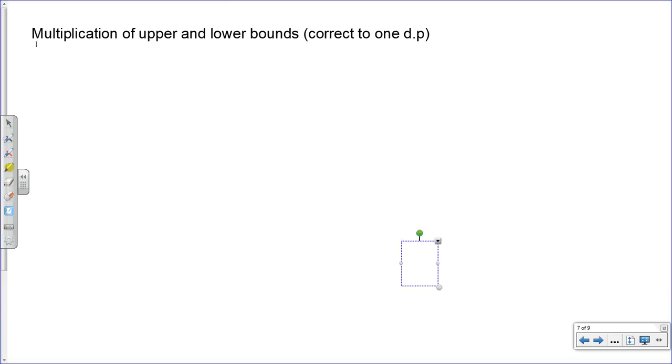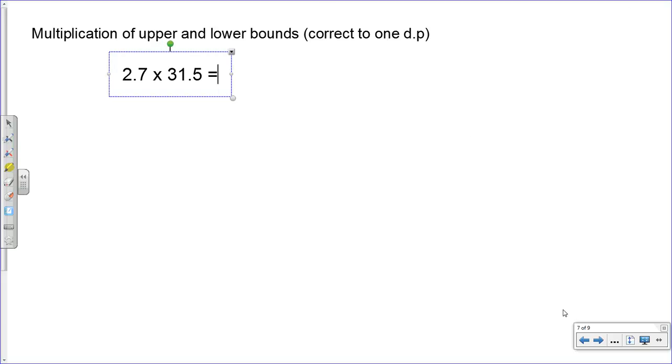Okay, so multiplication, again, exactly the same procedure as upper bounds and lower bounds of addition and subtraction. Bear with me because division is different. So let's take into account here 2.7 times 31.5, and we want that correct to one decimal place.